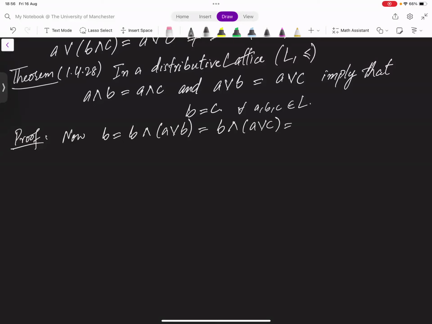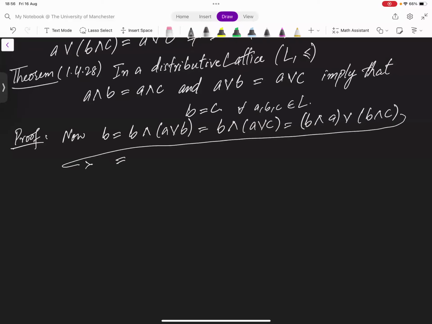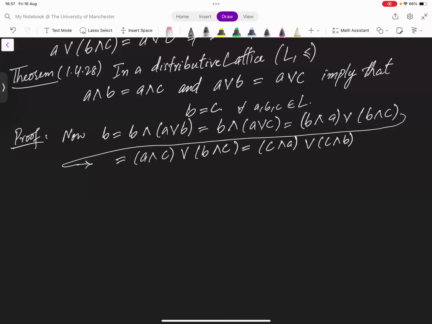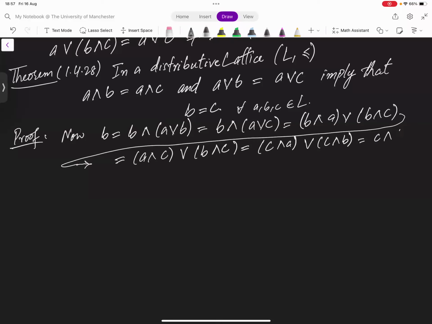And which is also, by the distributivity, B and A or B and C. And which is also equal to, by the commutativity, A and C or B and C, which is equal to C and A or C and B, which is equal to C and A or B.